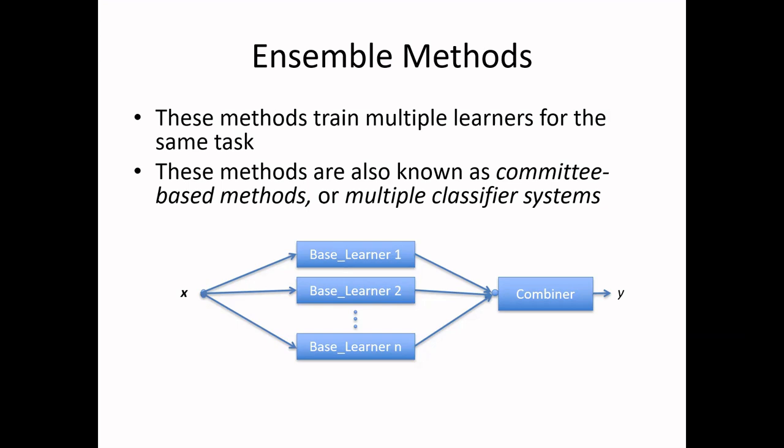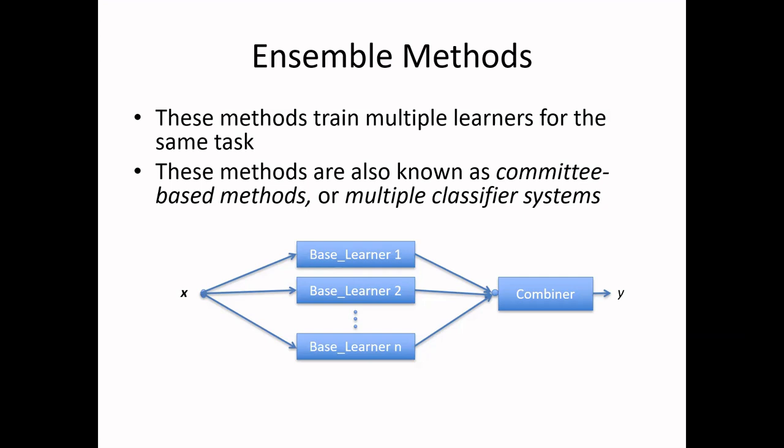All right. So basically, we are trying to train multiple learners, and there are a couple of other names that go for these ensemble methods. You can also look at them as a committee-based method, because you have a committee of 5 people. Everybody looks at whatever is the case and gives their opinion.